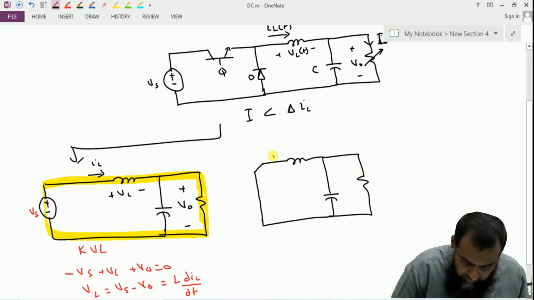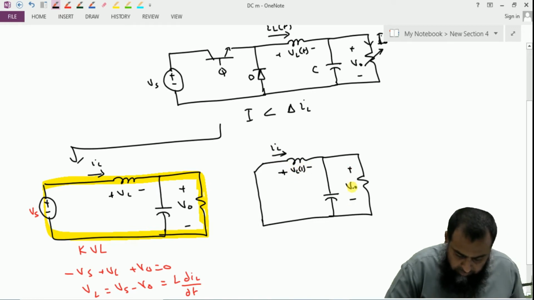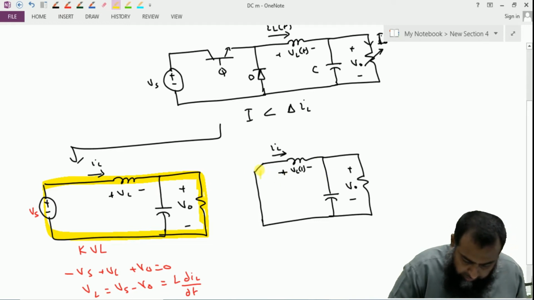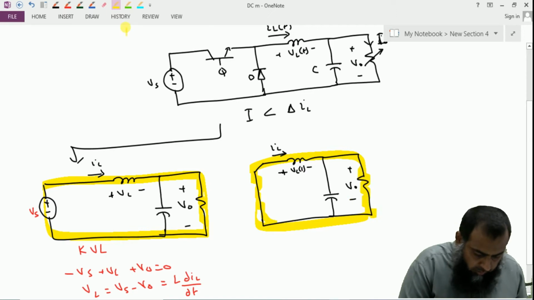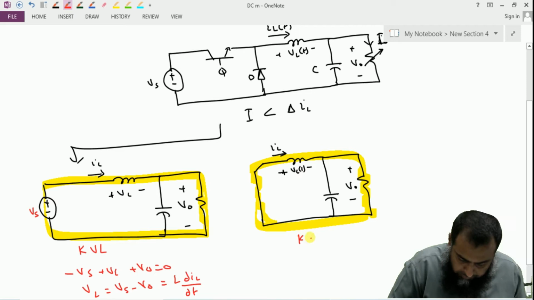This is the IL, we have this plus minus VL, we have this plus minus V naught, and in this particular circuit, if I apply Kirchhoff's voltage law in this loop, we have VL equals minus V naught.